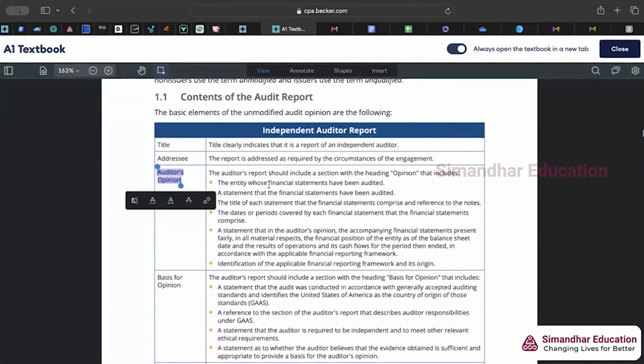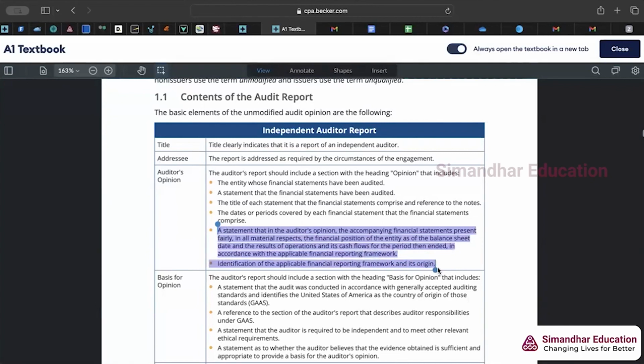In this section, the auditor will use the heading as opinion. They will mention what the financial statements are. First, the entity's name, the financial statements that have been audited, the title of each financial statement, the period for which they are being used, and a statement that in the auditor's opinion, it is fairly presented.